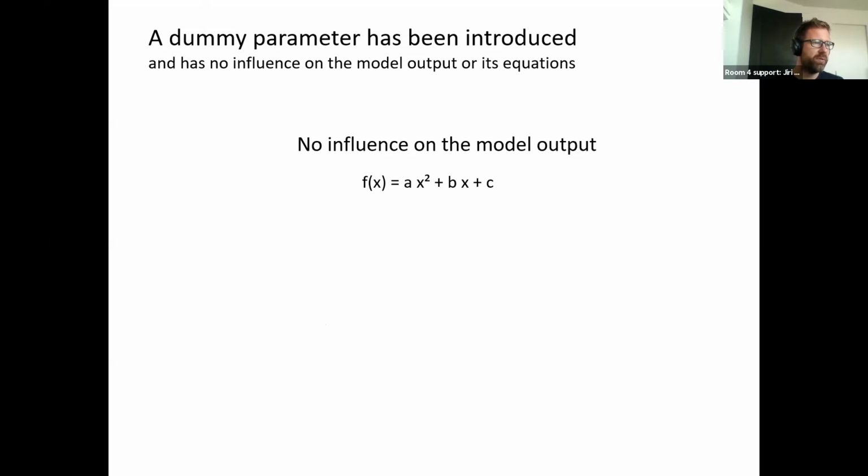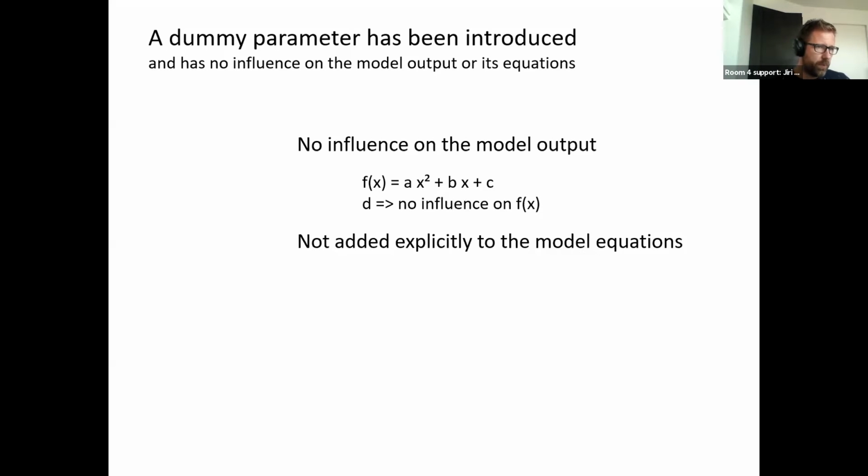For example, if this would be your model, ax squared plus bx plus c, you could introduce a parameter d, which has no influence on the output. So you can vary d, but actually it should not add anything to the model. So we don't actually add it explicitly to the model equations when we do our research, but we just keep it in the sensitivity analysis algorithm.